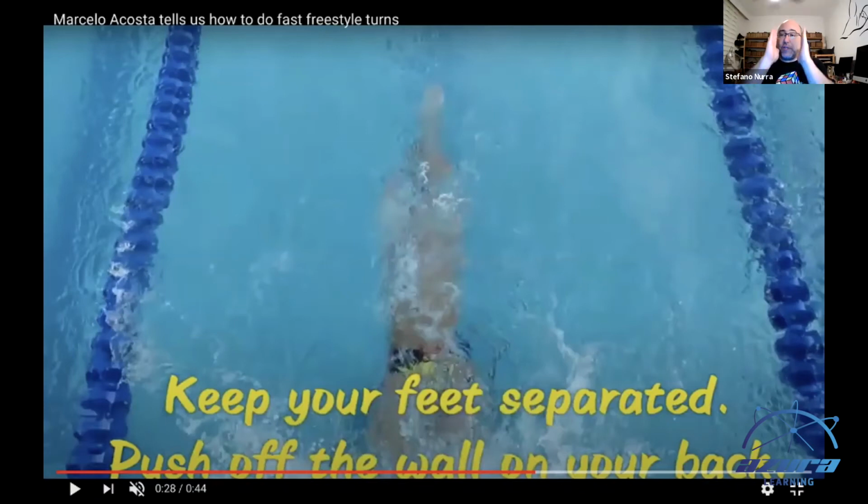If the rotation is vertical, so we are coming to the backstroke position, for sure the way is shorter, so the rotation is a little bit faster. The problem is after this point, because from this position it's more difficult. I don't want to say that it's impossible, absolutely, but it's more difficult.